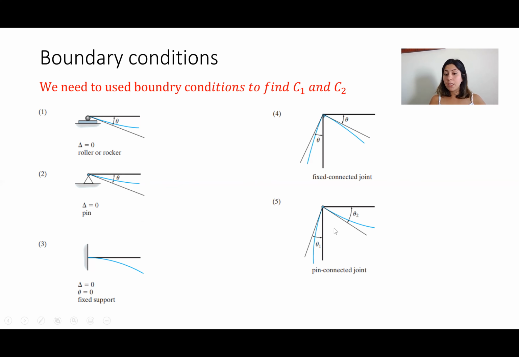If you have a pin joint or internal hinge, it means the rotation is not equal. However, the displacement is equal. So it provides you with one boundary condition, which is displacement on the right-hand side is equal to displacement on the left-hand side.